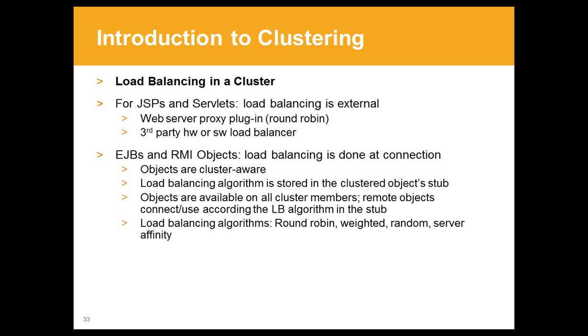So the load balancing algorithm is stored in the clustered object's stub. Whatever the EJB objects are, inside there is a function called stub. So what kind of algorithm is being used is stored there, and the objects are made available on all the cluster members, and remote object connect according to the algorithm in the stub. So you can have round robin, you can have failover algorithms like that.